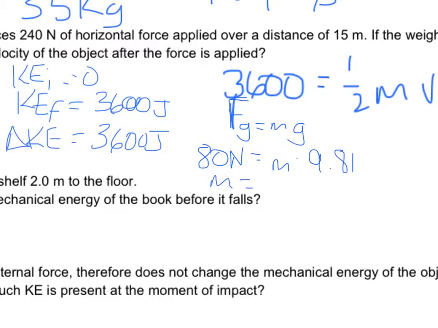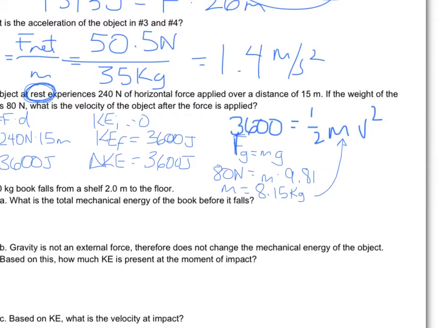Total mass of this object is equal to 8.15 kilograms, and that is the number that needs to go up here into our equation for kinetic energy. So we have 3,600 joules equals 1/2 of 8.15 times v squared. We can solve then for v, and we get something like 29.7 meters per second.